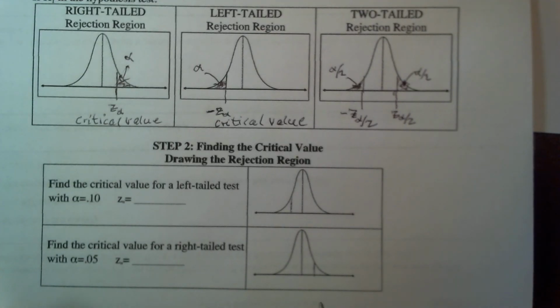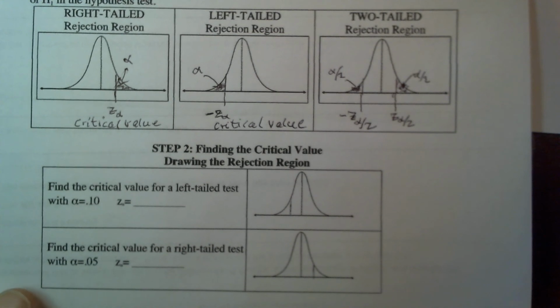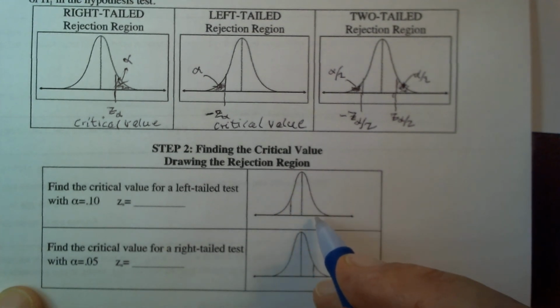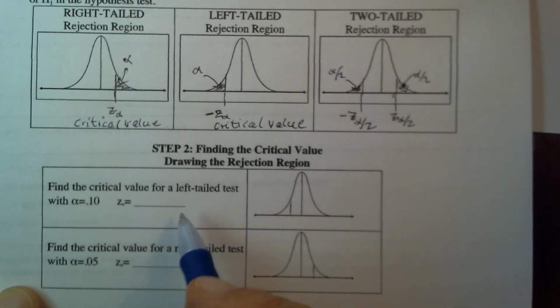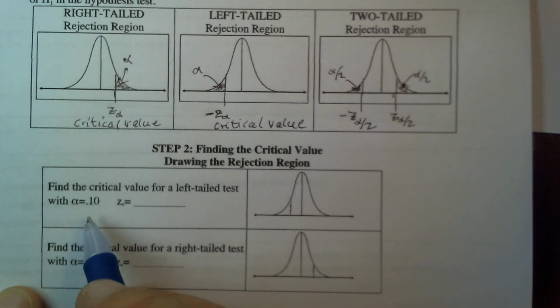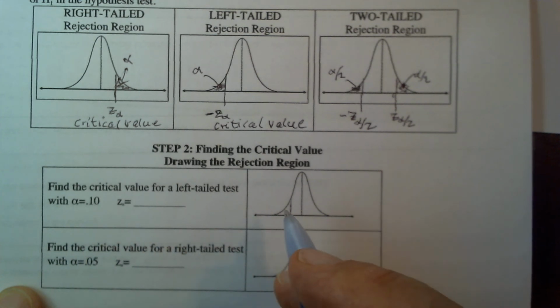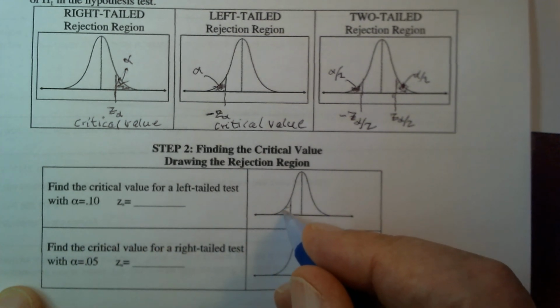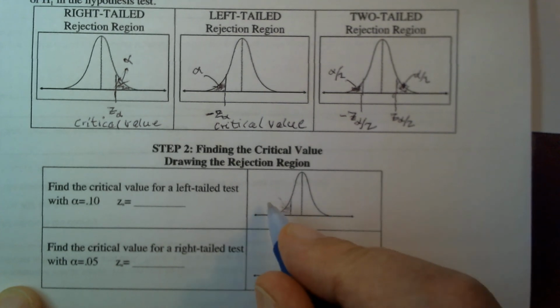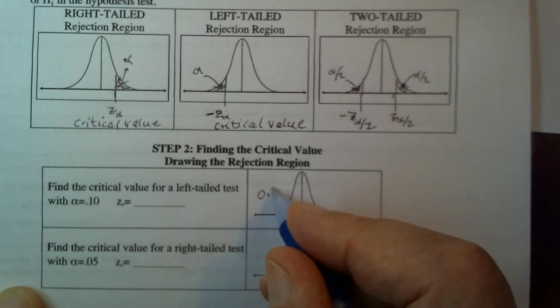The next step is finding the critical value. So here's our distribution, and we have a left-tailed test with alpha equal to 0.1. That means this area here is equal to 0.1.